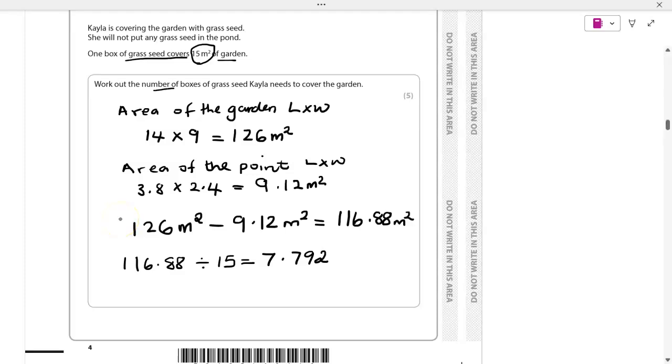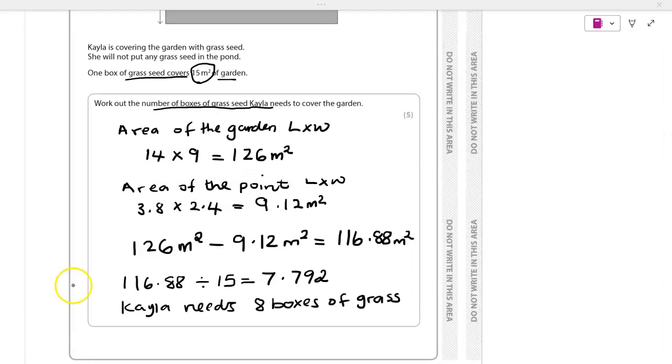Therefore, how many boxes of grass would she need? Here we got 7.792. We need to round it up to 8 boxes. So Kayla needs 8 boxes of grass.